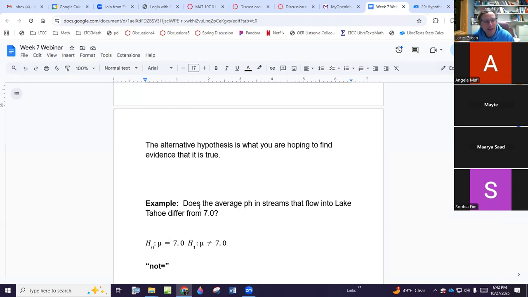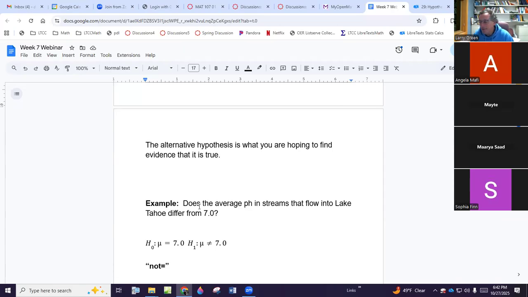So one of the things that we do every spring is we measure the pH, and a bunch of other things, but I want to focus on the pH. We measure the pH of the water that flows in via the creeks into Lake Tahoe.